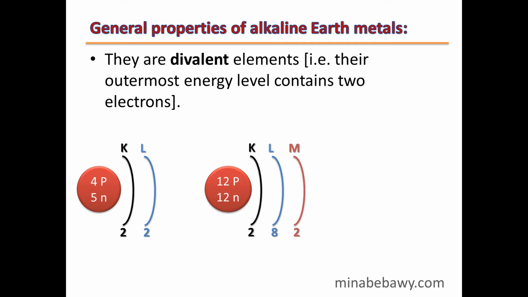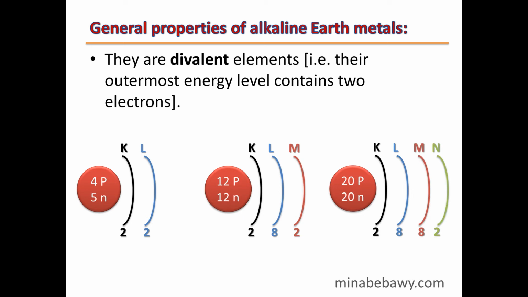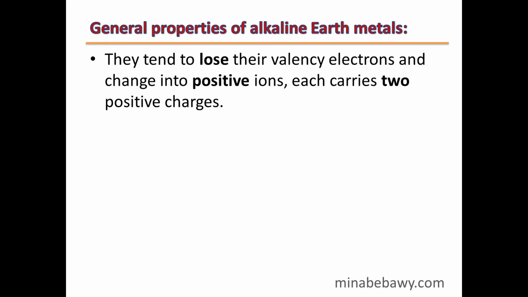Magnesium, its outermost energy level M contains 2 electrons. Calcium, its outermost energy level N contains 2 electrons. So all alkaline earth metals contain 2 electrons in their outermost energy level, so they are divalent.